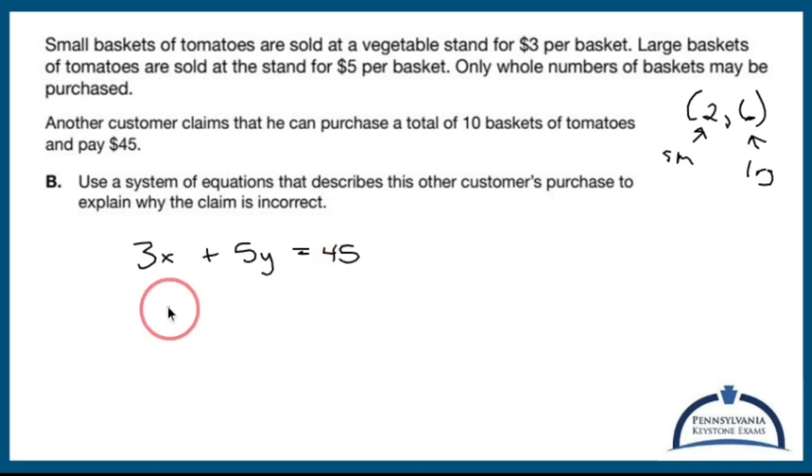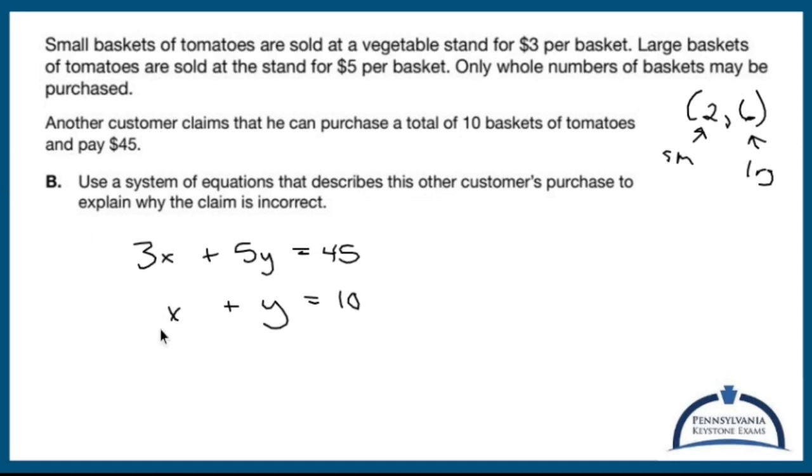The total, x plus y, is 10 of them. So this guy is saying he spent $45 on 10 baskets and there's no way. Well, let's see why there's no way. I have an idea as to what's going to happen, but I don't want to give it away.